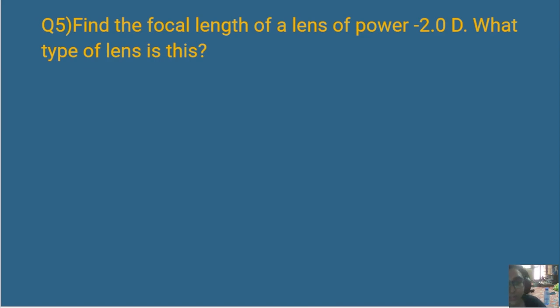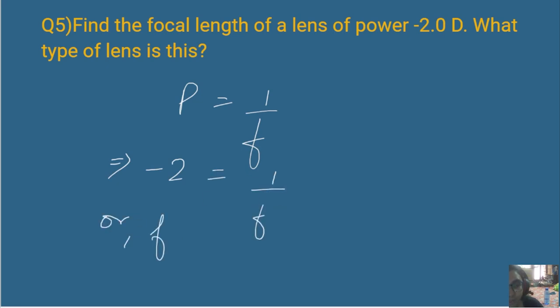Find the focal length of a lens of power minus 2 D. What type of lens is this? So we know again power equals 1 by focal length, or minus 2 equals 1 by f, or f equals 1 by minus 2, or minus 0.5 centimeter. What type of lens is it?